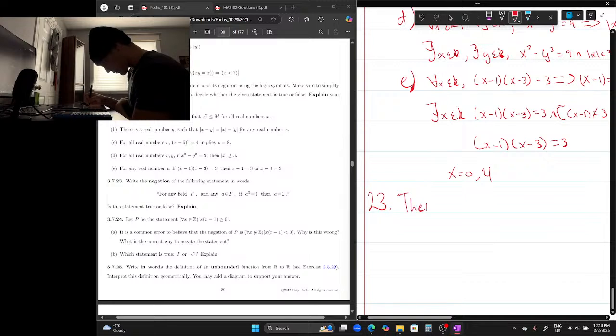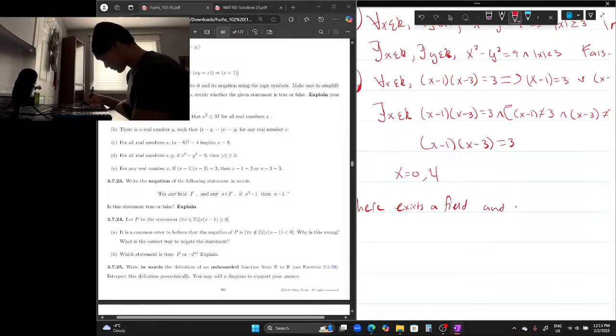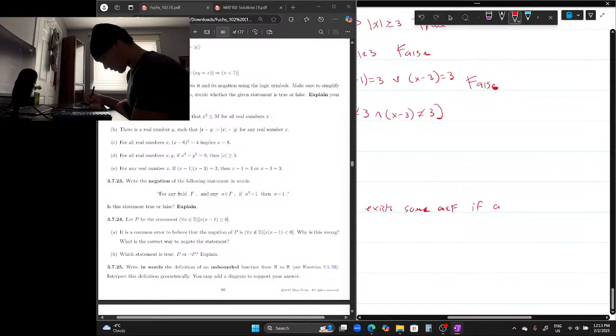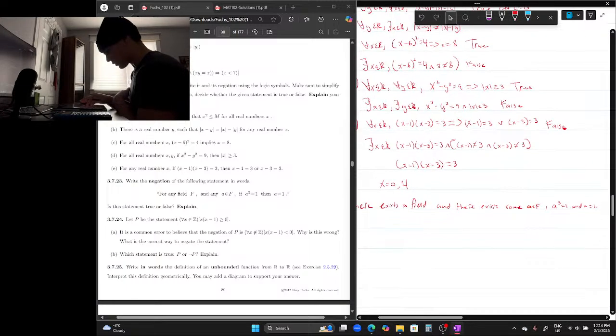There exists a field and there exists some A in F such that if A is equal to 1, then... this statement is true.